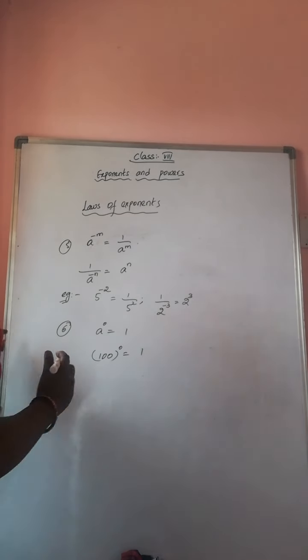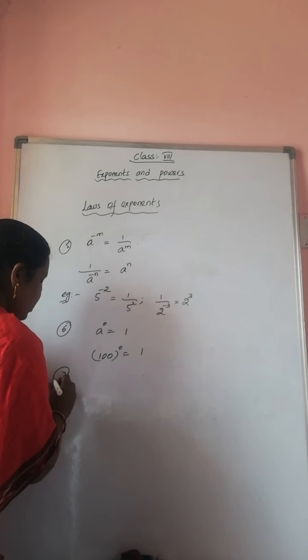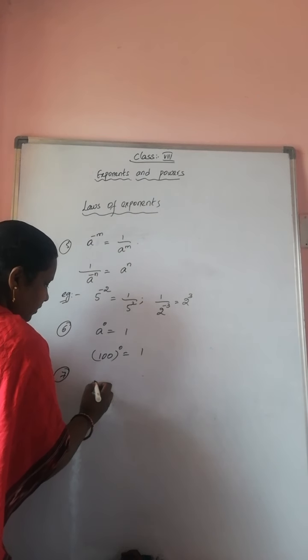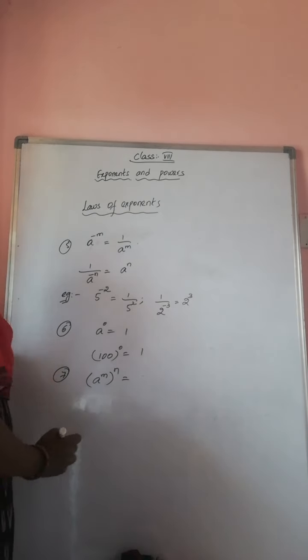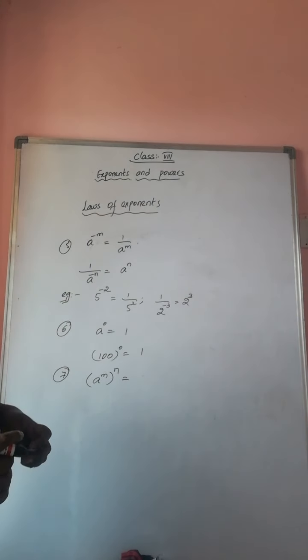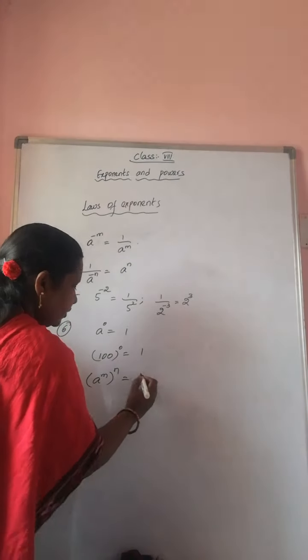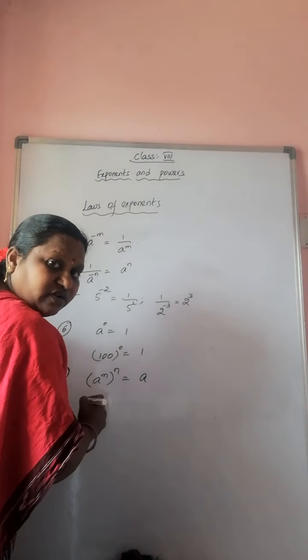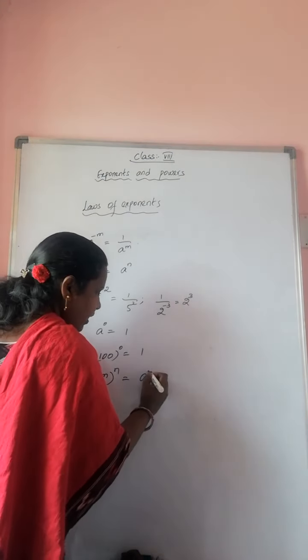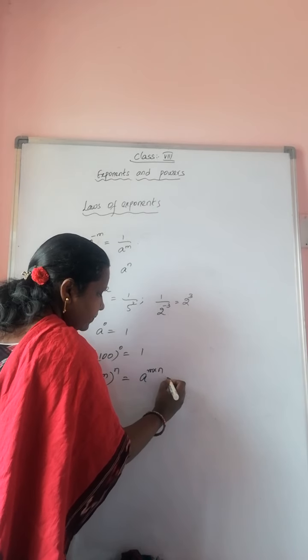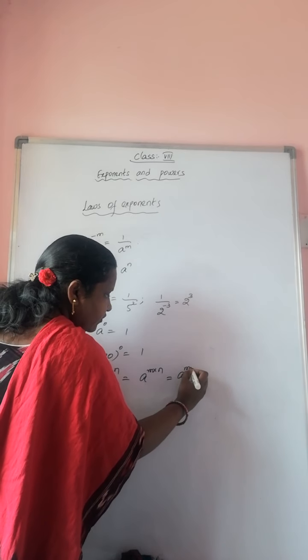Okay. Next, the last law of exponents is a power m whole to the power of n. What is this? We have a power to a power: a power m whole to the power of n. For a power having a power, what can we do? We can multiply the powers. So I remove the bracket and multiply m into n, which gives a to the power of mn.